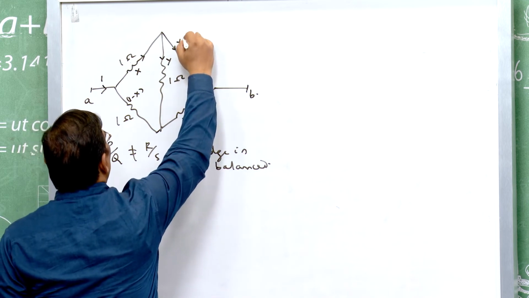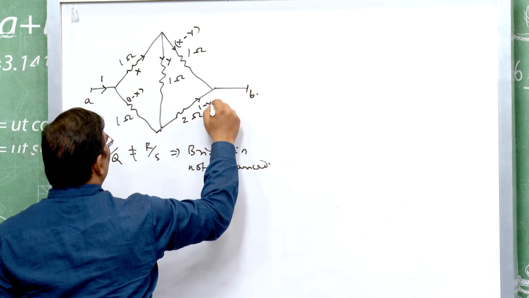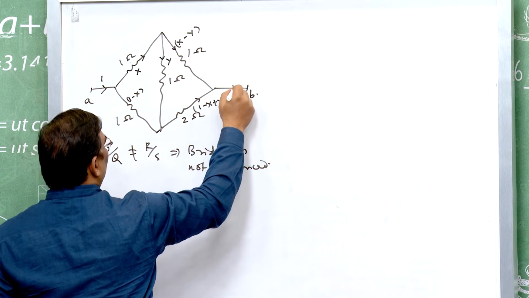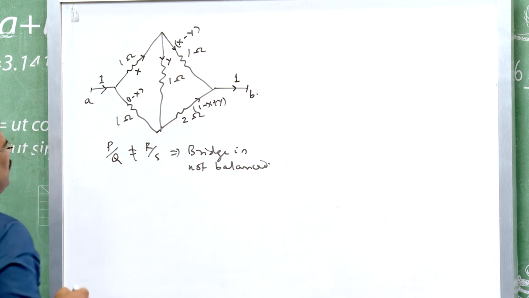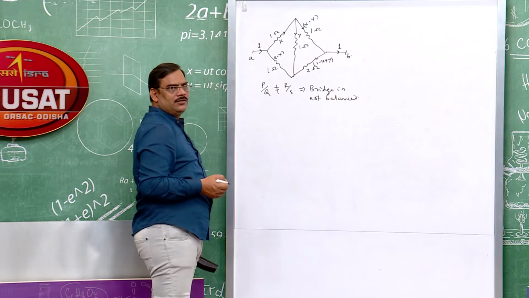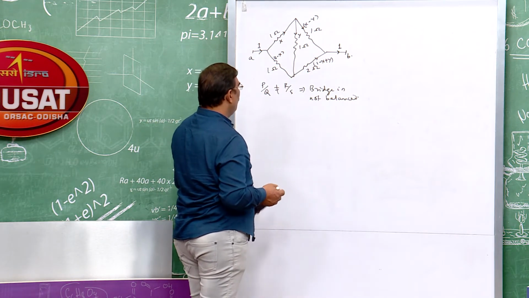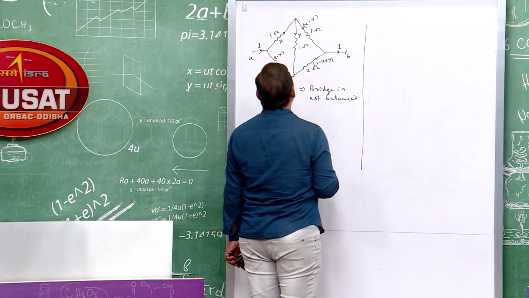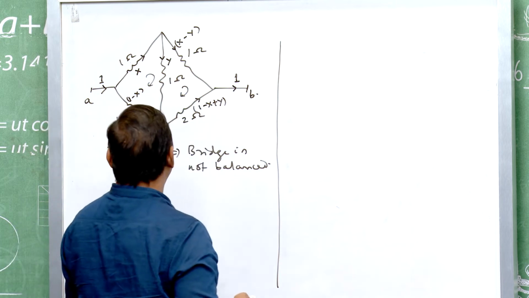So, this will be x minus y and this will be 1 minus x plus y and this is 1. So, unit current is entering the junction and unit current is coming out of the network. Now, let us apply Kirchhoff's law in both the meshes.